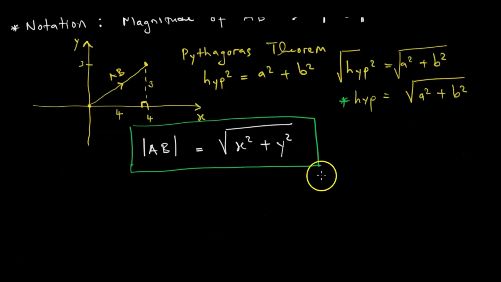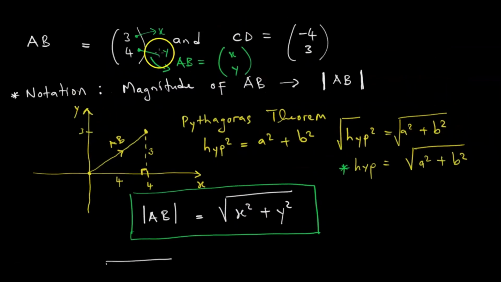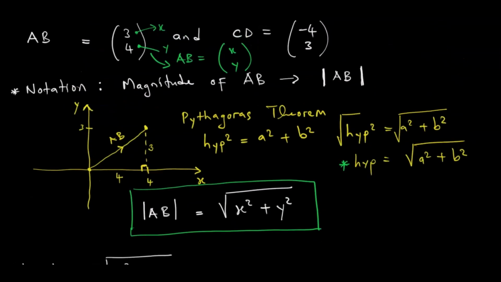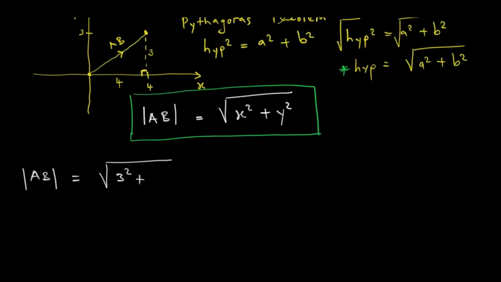Kureva kuti kana takuda kutsvaga the size of AB, the magnitude of AB, it's equal to the square root of what is x? X is equal to 3. So it's 3 squared panapa plus what is y? Y is equal to 4. 4 squared panapa.